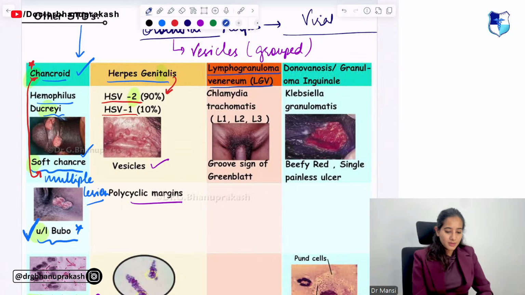lymphogranuloma venereum. This is caused by Chlamydia trachomatis L1, L2, L3 serovars. Whereas we just read a condition where Chlamydia trachomatis D to K variants were involved. What was that condition? Anyone? Let me check if you're even listening to the class.